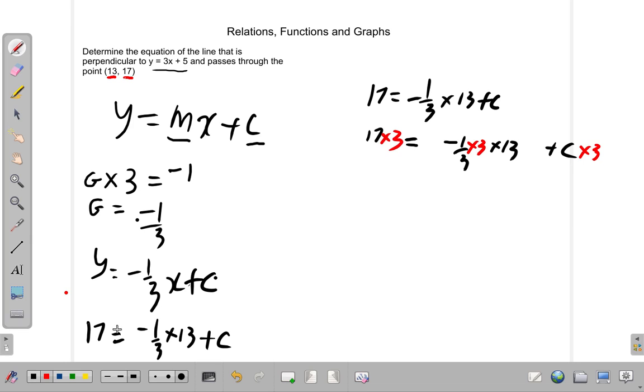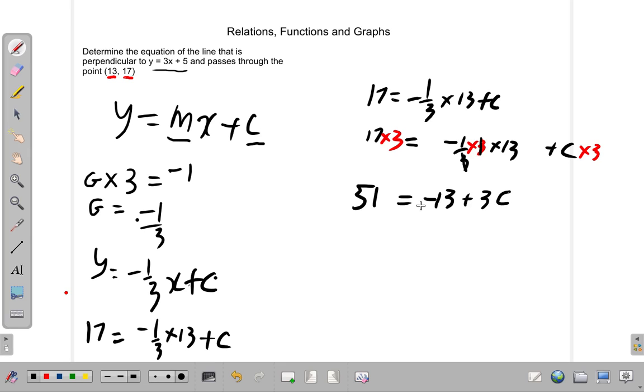You see that? So what you have, 17 times 3: 3 times 7 is 21, bring down the 1, carry 2, 3 times 1 is 3, plus 2 is 5, so 51. So 51 is equal to, the 3 and 3 cancel, so you're left with -1 times 13, which is -13, plus 3c.